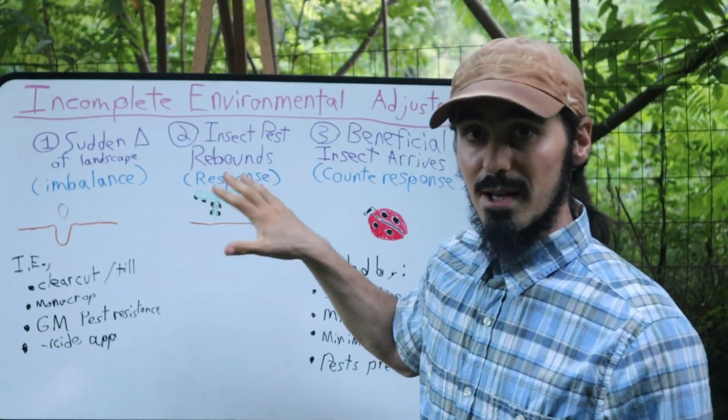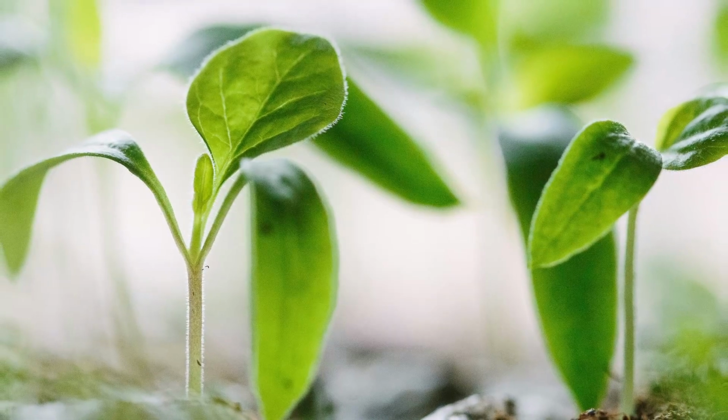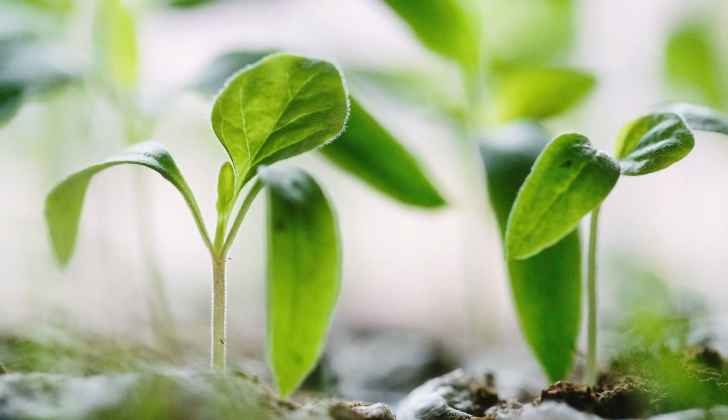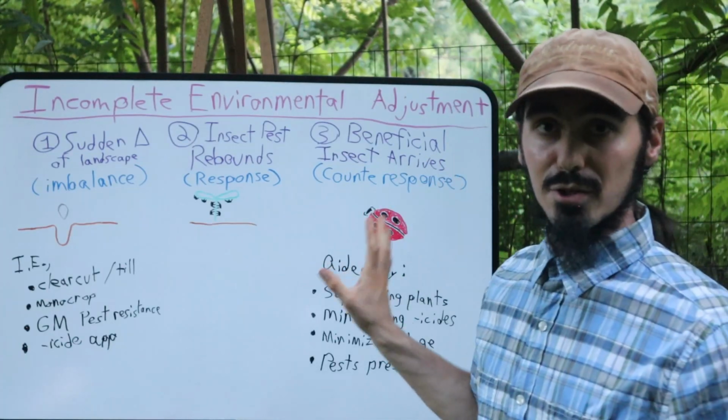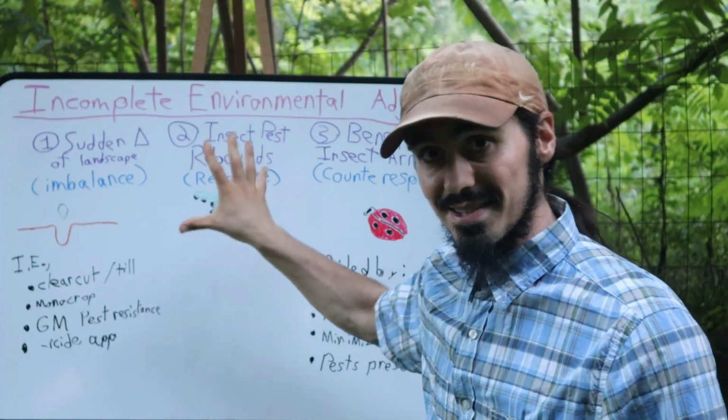So these insect pests are going to initially respond to this freshly planted crop. And then eventually this can lead into the third phase in the process, where the beneficial insects enter the scene, right? And then they will start going after the pest insects.